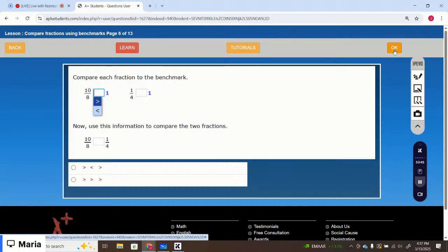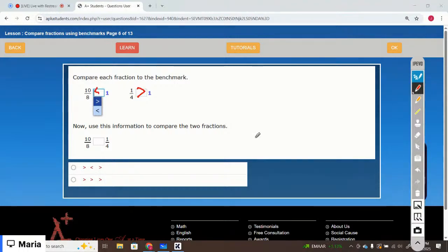10 by 8 is greater than 1, 1 by 4 is less than 1, and 10 by 8 is greater than 1 by 4. Option number 1 is the correct option.